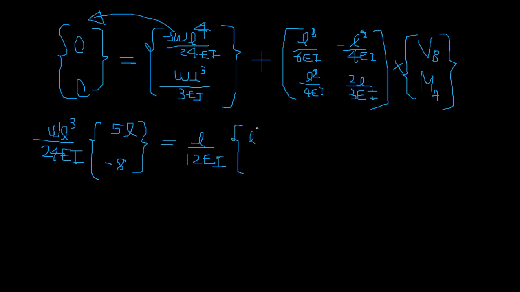So this becomes the squared. This becomes 2L squared. This becomes minus 3L, right? Minus 3L.